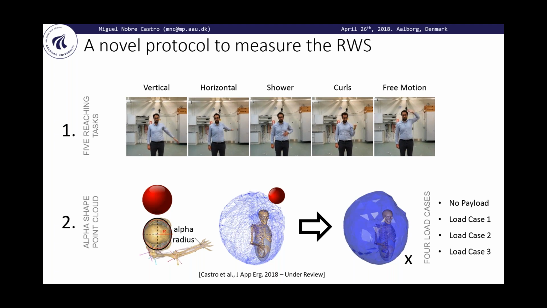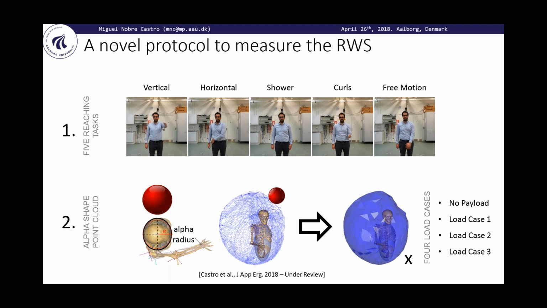The 5 tasks we propose for this experimental protocol address the fact that existing protocols lack spanning the area that is close to the body. Rather, they just focus on what you can reach the farthest from your body, which is the equivalent of what you can do when you have your arms stretched.